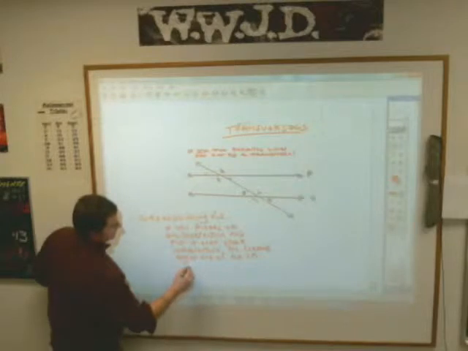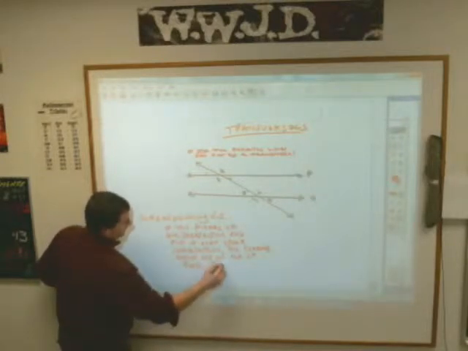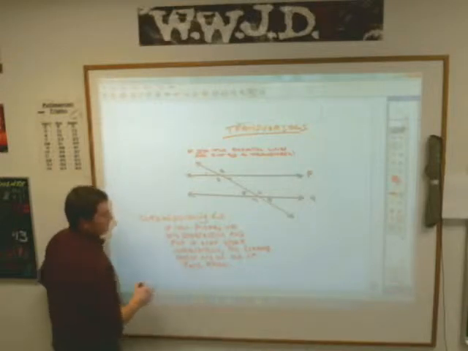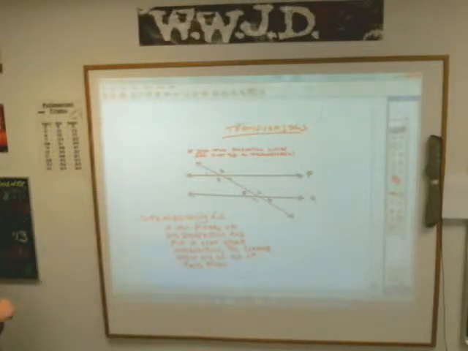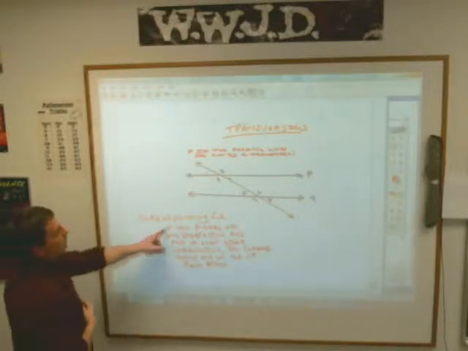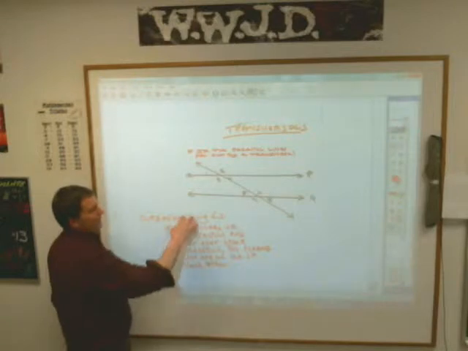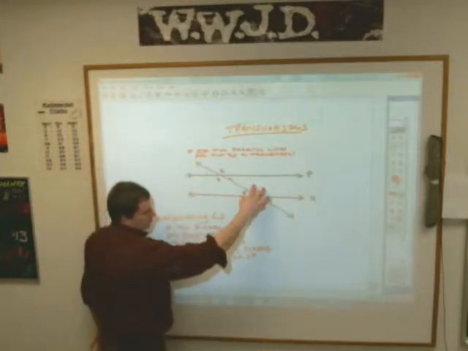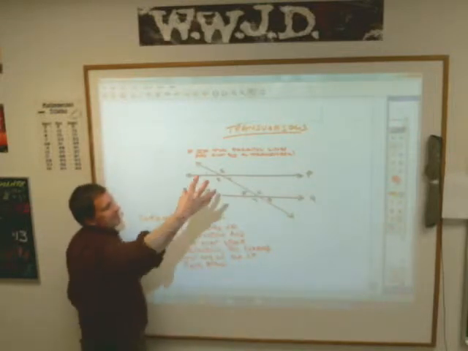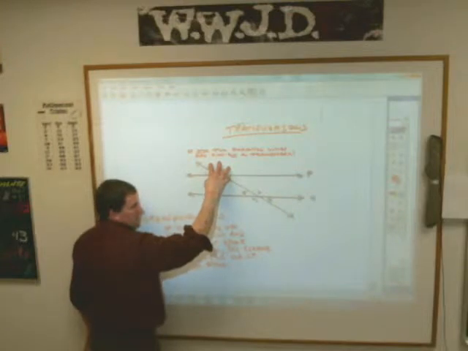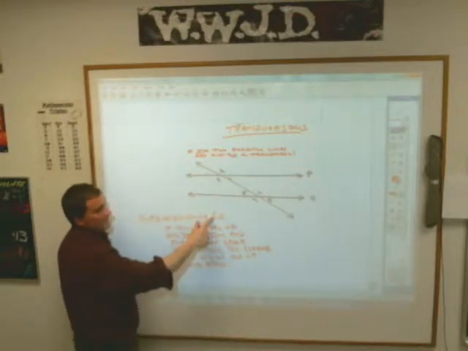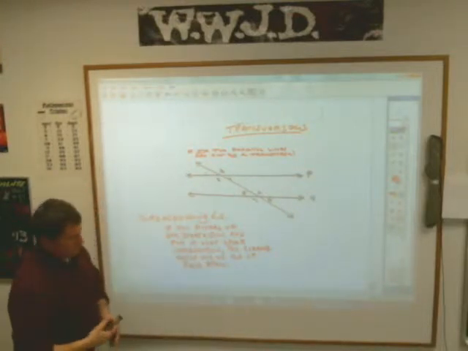A lot of words for something that's very easy. If you picked up one intersection, pulled it off the paper, and set it back on top of the other intersection, the corresponding angles are the ones that are on top of each other.